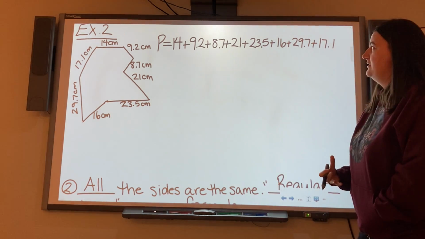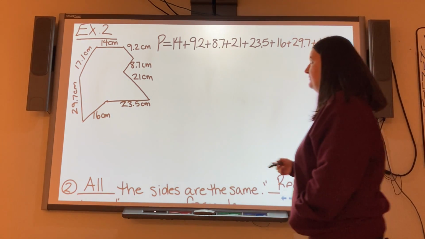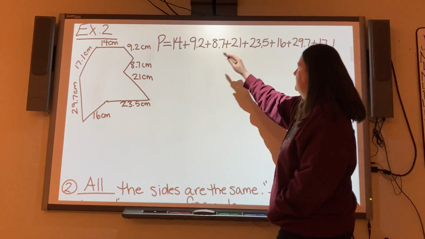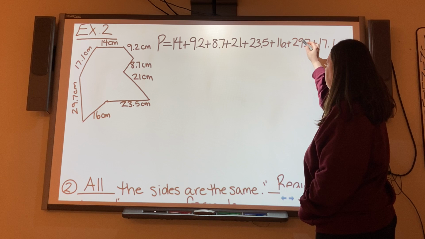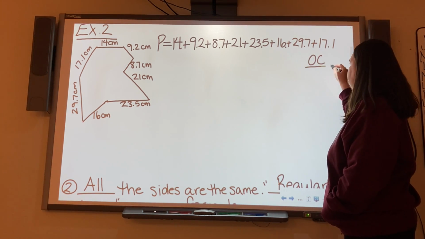The first thing I want to do is make sure that they all have decimals so that I can line those decimals up. The very first one does not, so I'm going to give it .0. That's good, that's good. This one doesn't. That's good, this one doesn't. And there you go. Outside calculation.